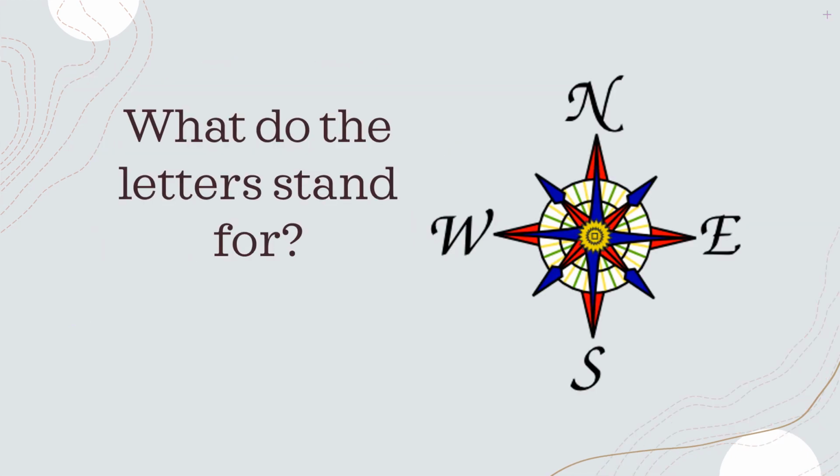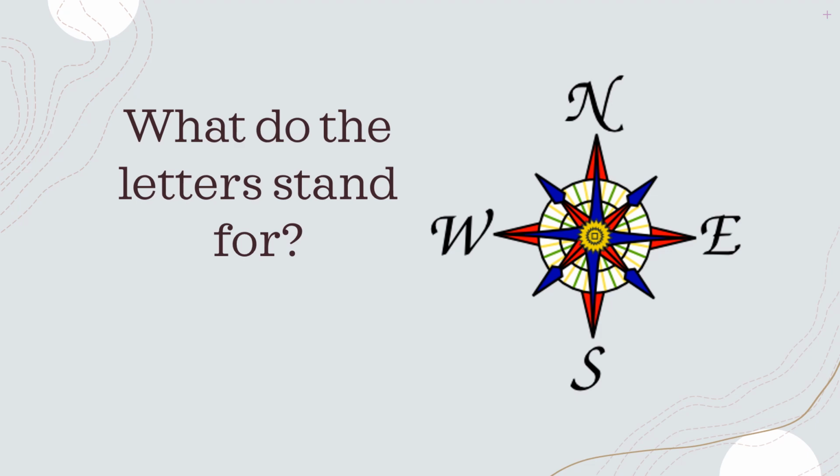Now I want to play a guessing game with you guys. This image that you see here is a compass. Does anybody know what the letters N, E, S, and W stand for? I'll give you guys a quick hint. These are words that you hear when somebody is describing their location or when somebody is receiving directions.